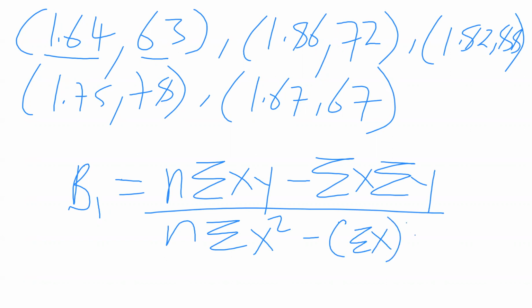This will give us beta 1. And when we have beta 1, you can easily find beta naught, which shall be equal to y bar minus beta 1 x bar. And then from there, you can easily find the estimate. Is that clear? And you can easily predict later.